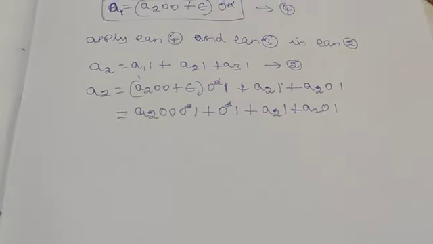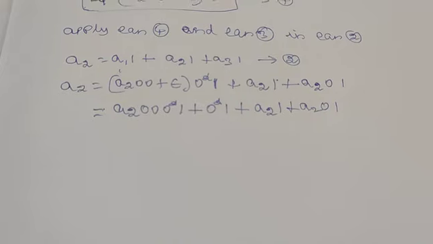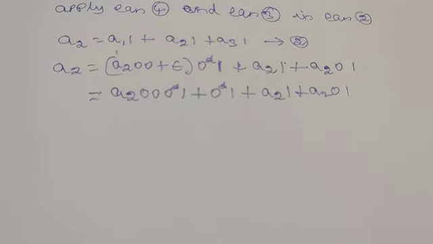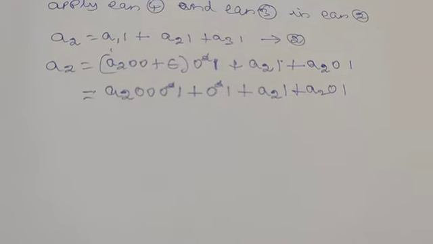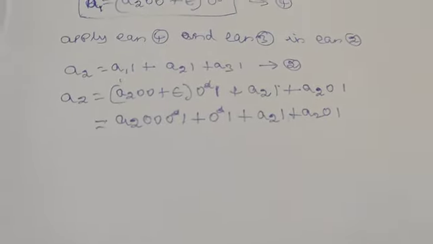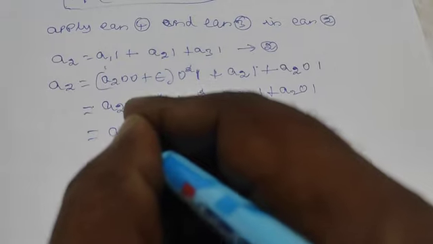Now we can see here that we can take A2 as a common term here. So when you take A2 as a common term, 0 0 0 star 1 plus A2 1, 1 is there, and 0 1 is there. So we'll take this A2 out.